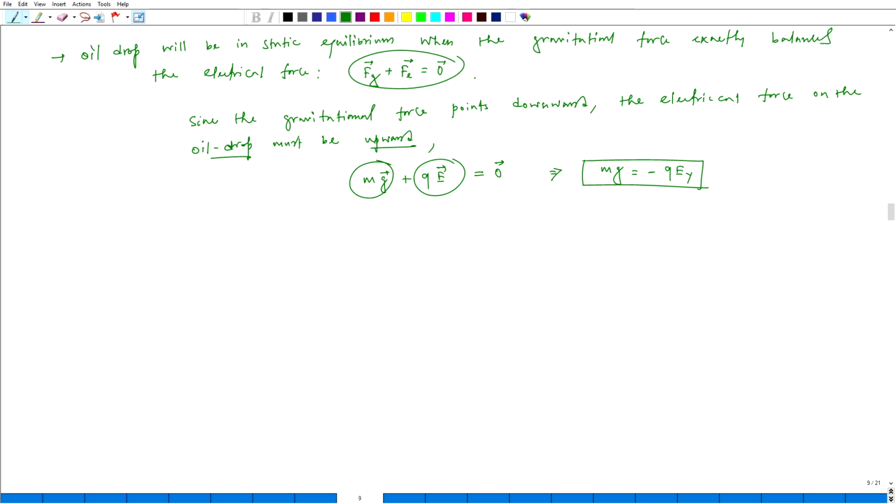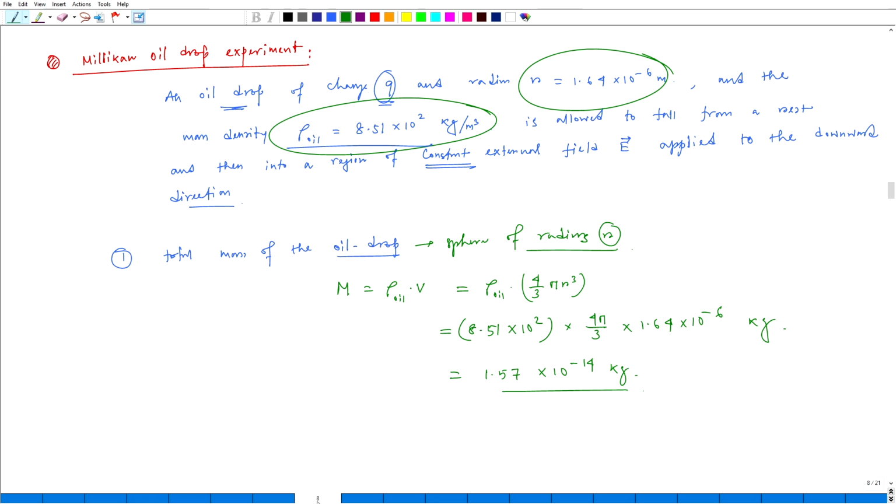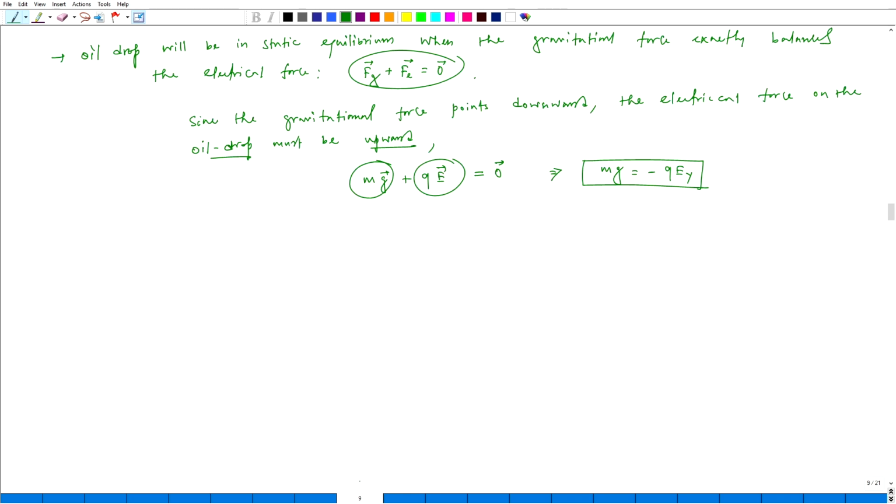Now the electric field is pointing downwards, so the charge q must be negative.